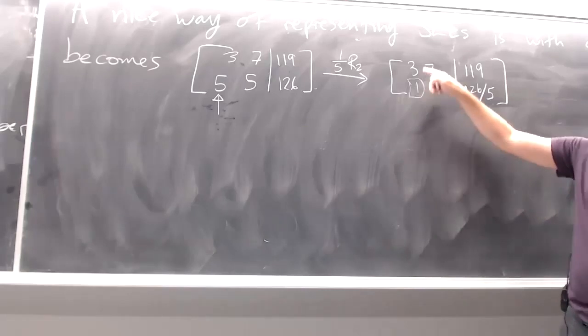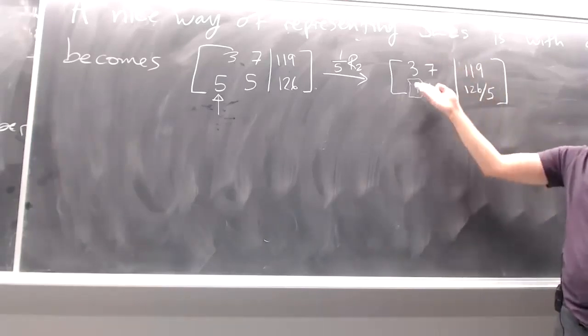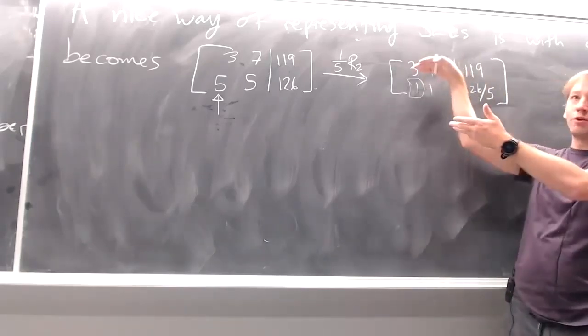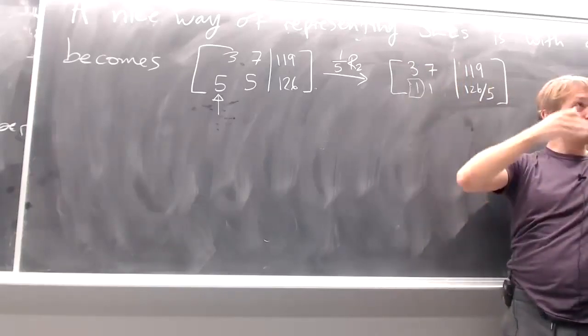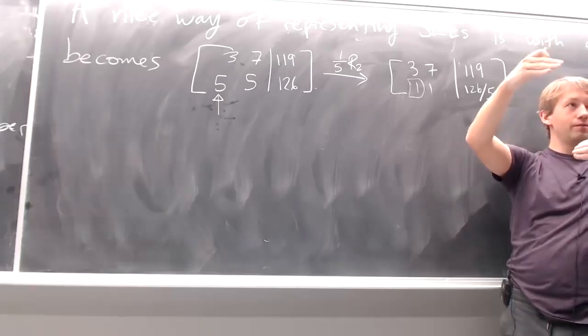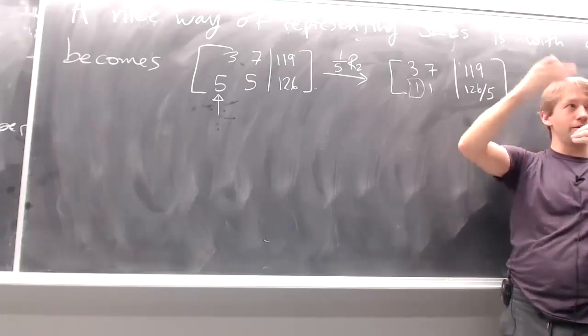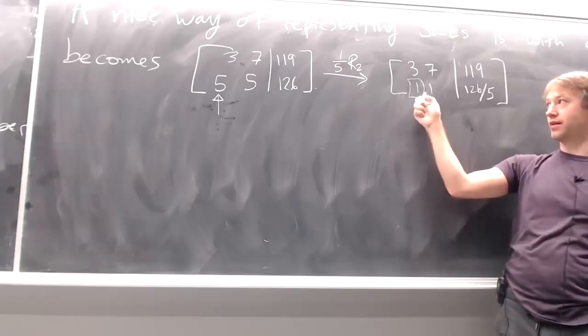So using that 1, I want to get a 0 everywhere else. Well, obviously this is only a two-row equation, so everywhere else just means the other one. But if you had like 5 rows, you want to kill all the other rows with this 1.